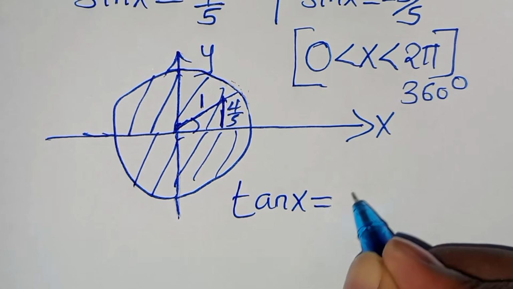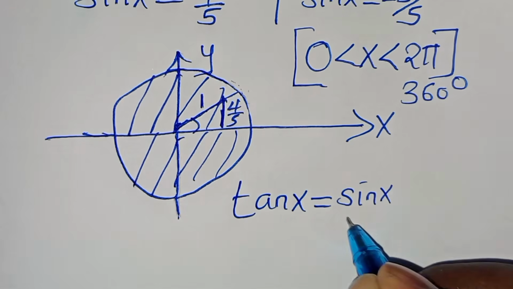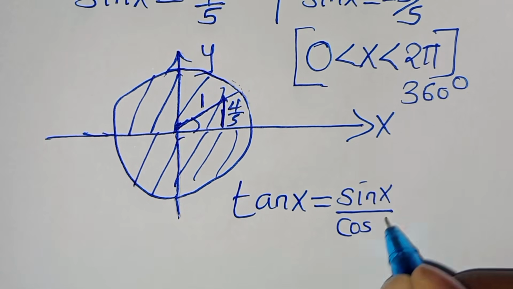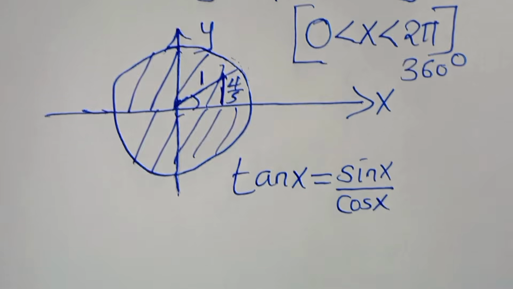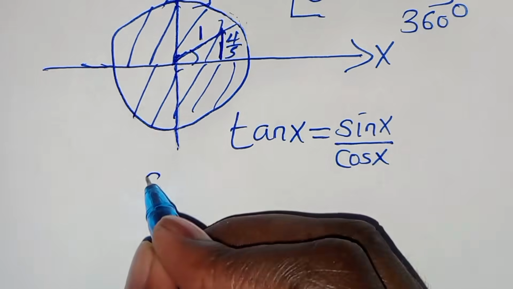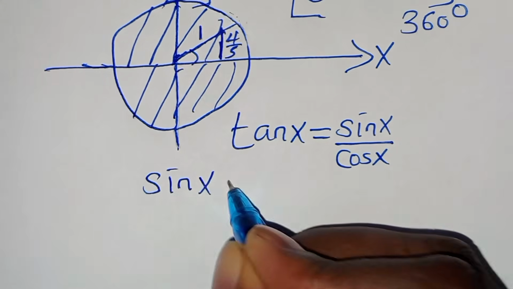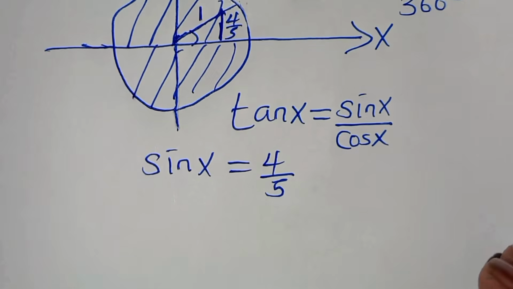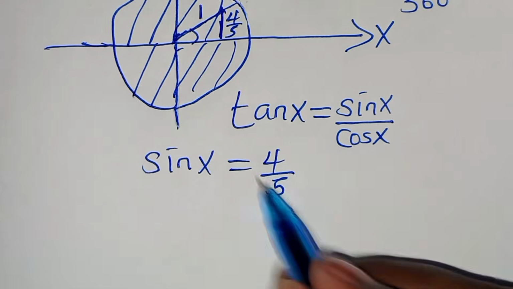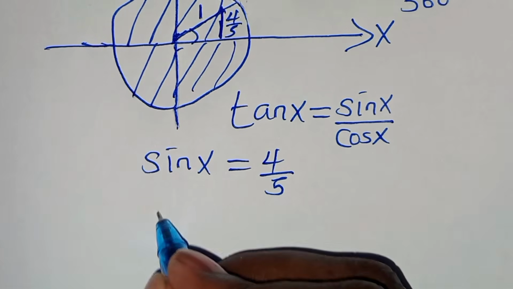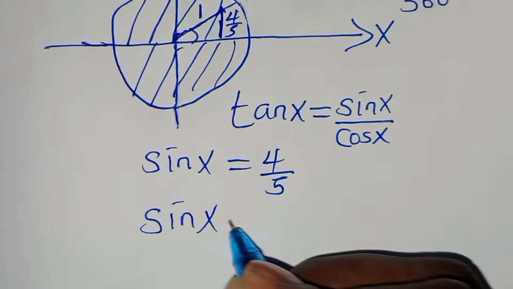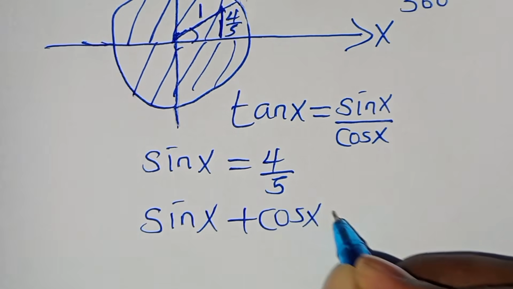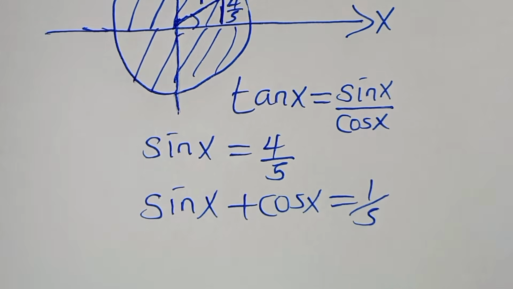Tan x is equal to sine x divided by cos x. Now, the first sine x is equal to 4/5. So let's solve for tan x, given sine x is 4/5. Now, we have that sine x plus cos x is equal to 1/5.